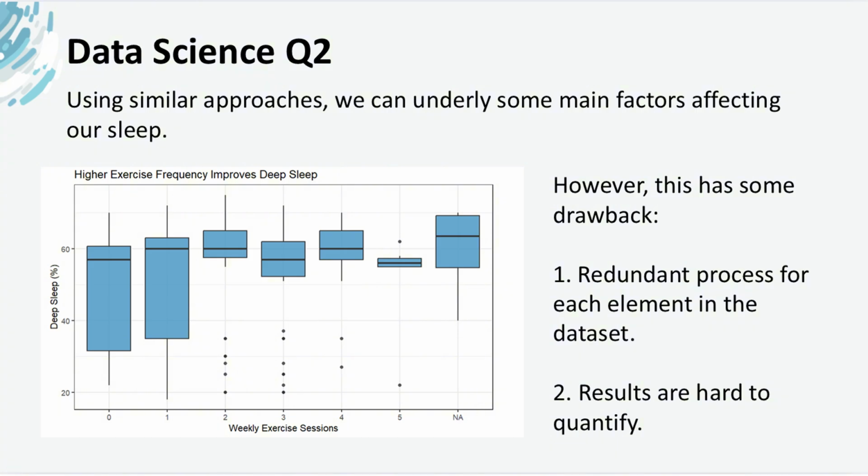If we want to identify each factor, we need to go through the redundant process for each element in the dataset. And the results are hard to quantify, because for example, if I want to compare the effect of exercise and caffeine intake, we cannot use this kind of box plot, as maybe we could see that they both have an effect, but the comparison might not work or be inaccurate.